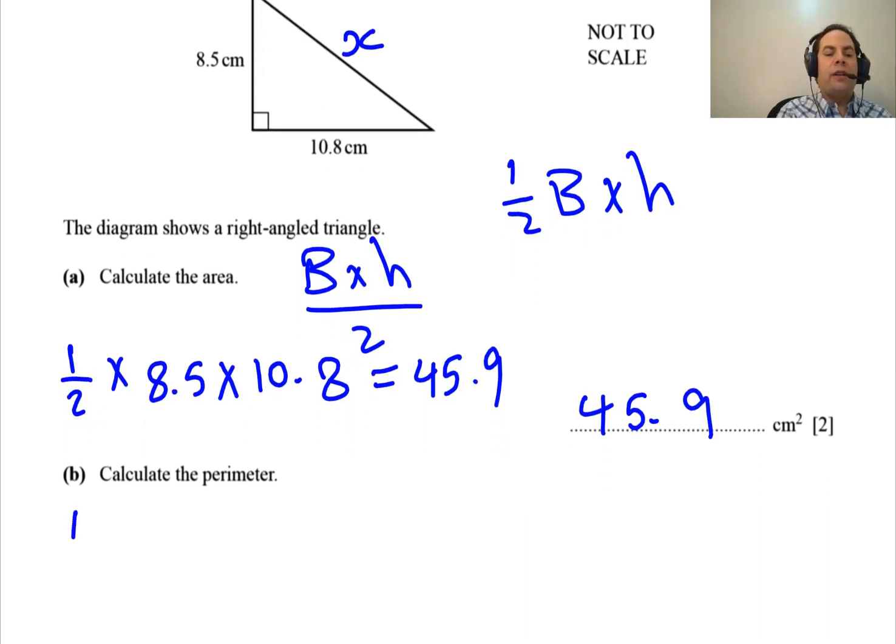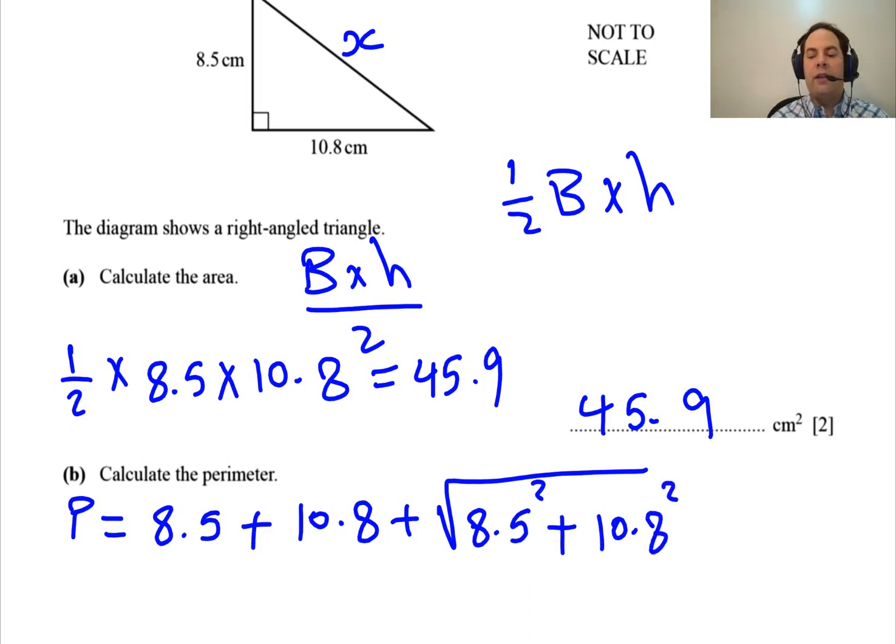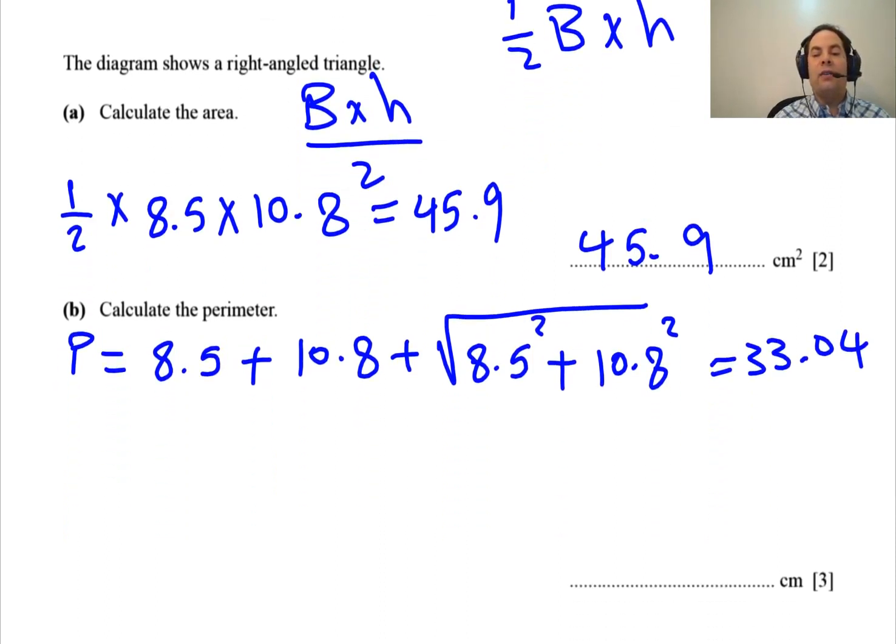The perimeter is equal to the sum, which is 8.5 plus 10.8 plus, applying Pythagoras, the square root of 8.5 squared plus 10.8 squared. You can write it like this, then find the final answer directly, which is 33.04, or you can write it to 3 significant figures.